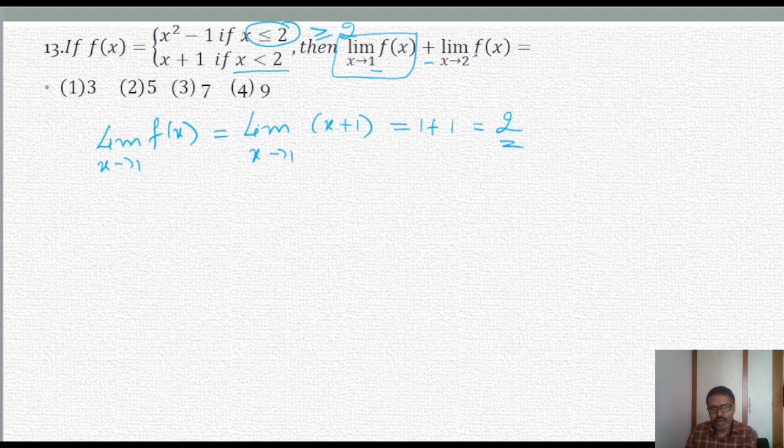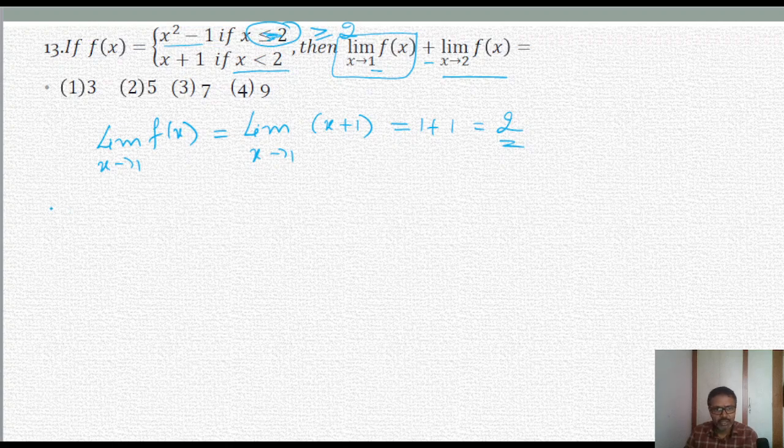But to find the limit of f of x as x tends to 2, because there are two different functions around 2, less than 2 you have x plus 1, and greater than 2 you have x square minus 1.